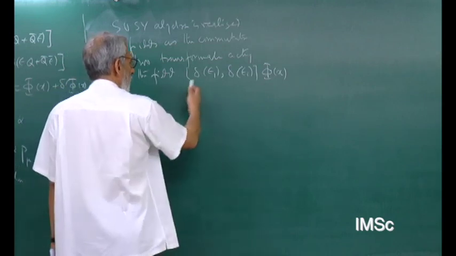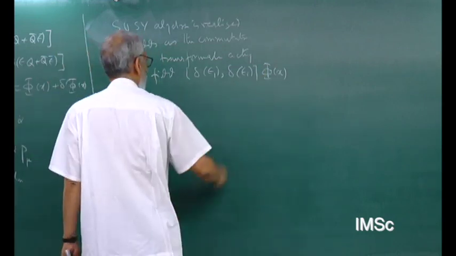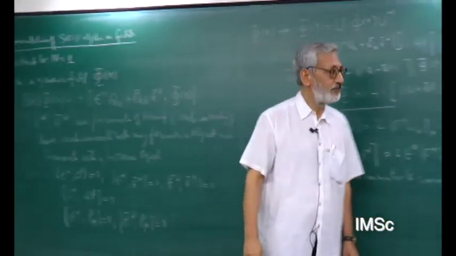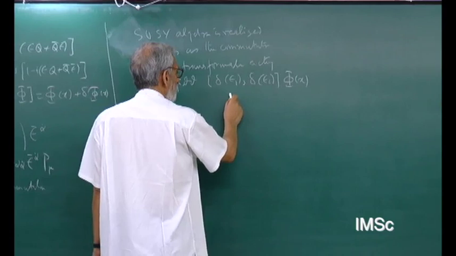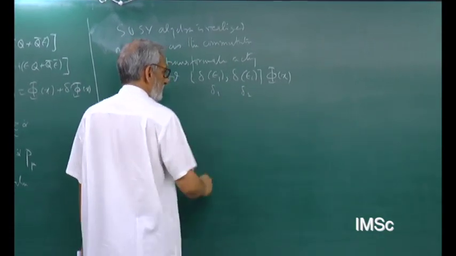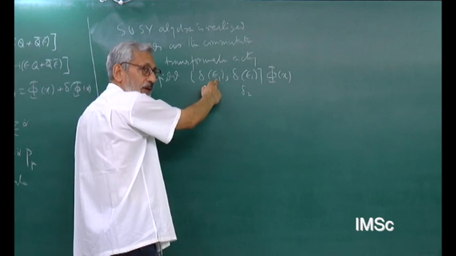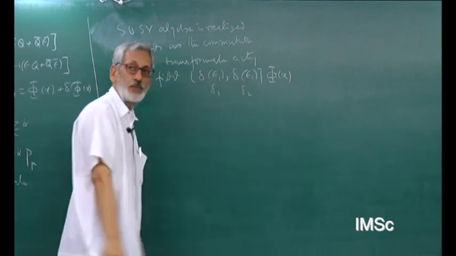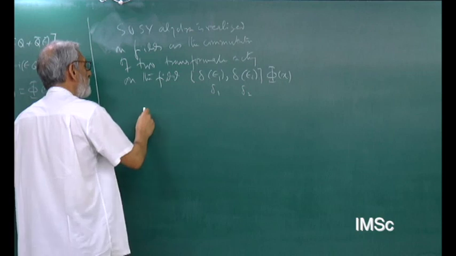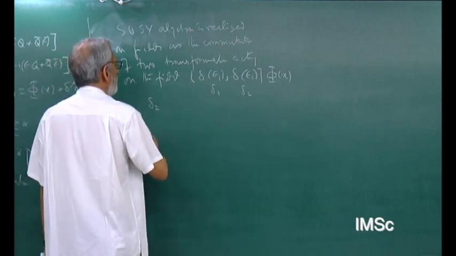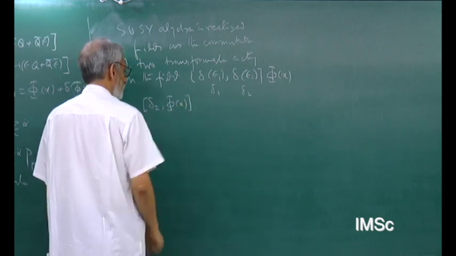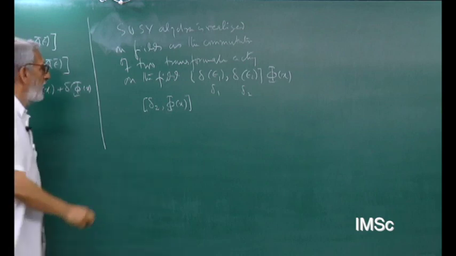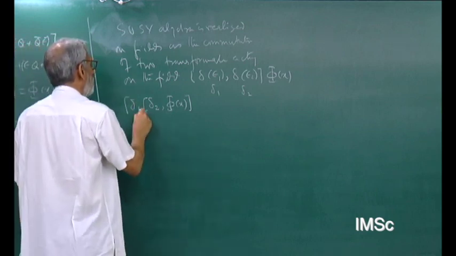So let me evaluate this on the field, given how a single transformation acts on the fields. I'll just use a symbol delta 1 for this and delta 2 for this. Delta 1 is a transformation with parameter epsilon 1, delta 2 is a transformation with parameter epsilon 2. So what do I do? I make two transformations. First, delta 2 on phi of X, then make a transformation delta 1.